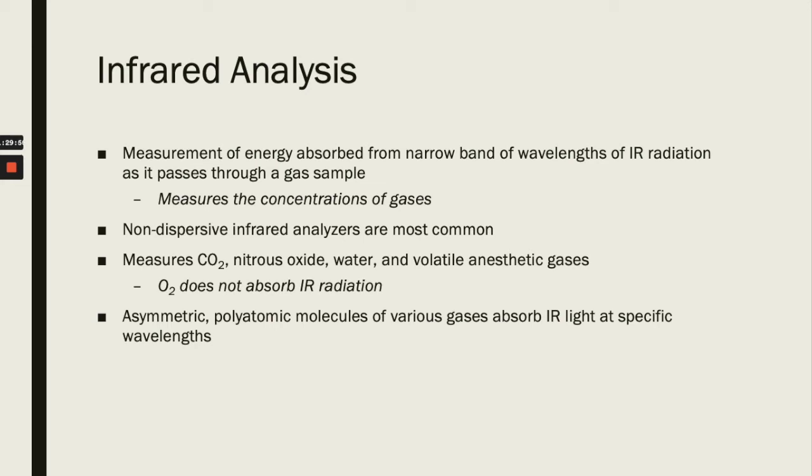The light passes through a band of IR radiation, goes toward the detector, and then we get a readout of the concentration of each of our gases within the mix.